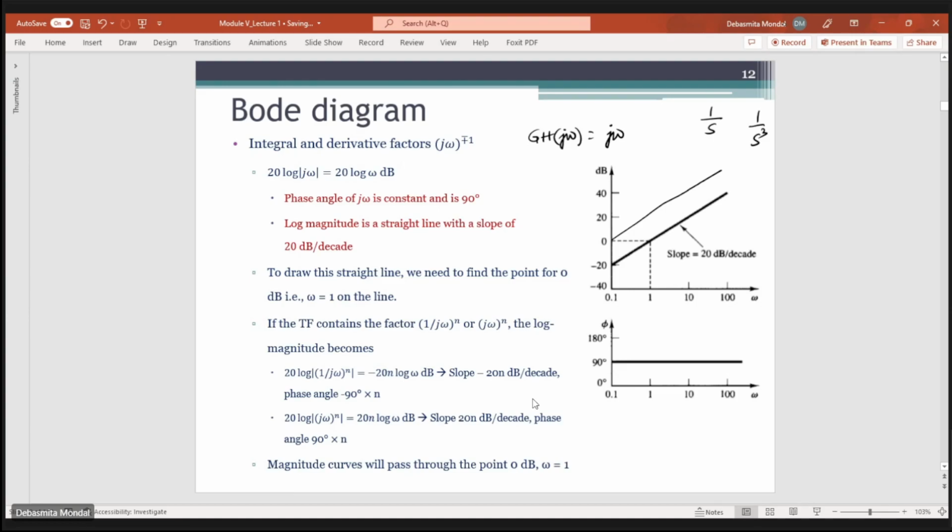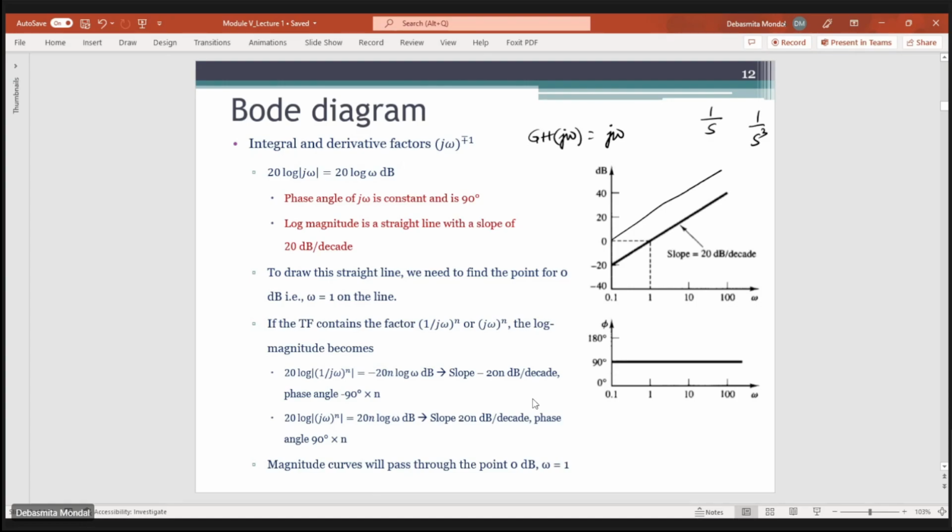In that case, we will simply replace 1 by j omega with 1 by (j omega) to the power n, and that will be given by minus 20n log of omega. That means it will also be a straight line, but the slope will no longer be 20 dB per decade, it will be equal to minus 20n dB per decade, and the phase angle will be equal to minus 90 degrees multiplied by n.